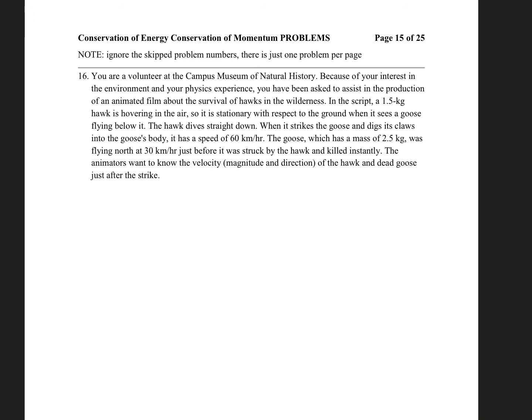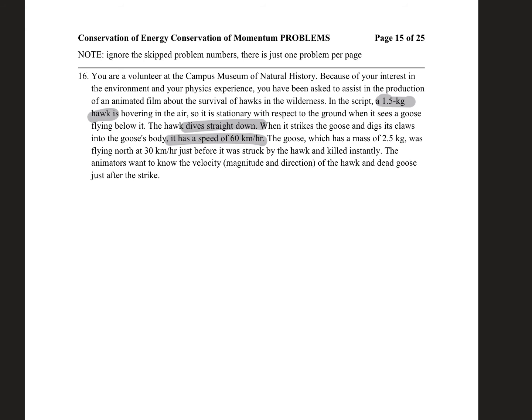Campus Museum, National History. So this hawk, it's a bit more interesting problem. A 1.5 kilogram hawk hovering in the air dives straight down at a speed of 60 kilometers per hour.